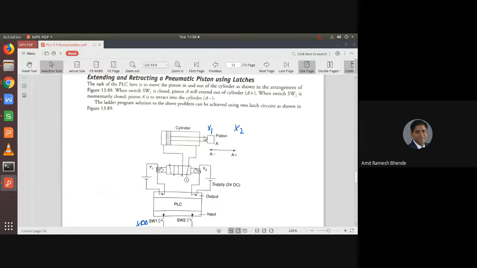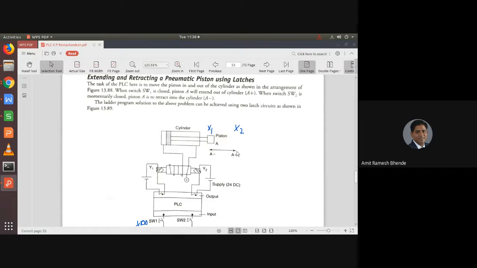So the application is that we need to write down the ladder programming for extension and retraction of this pneumatic cylinder. Here you can see that this is a piston. The name of the piston end is called A. A plus.